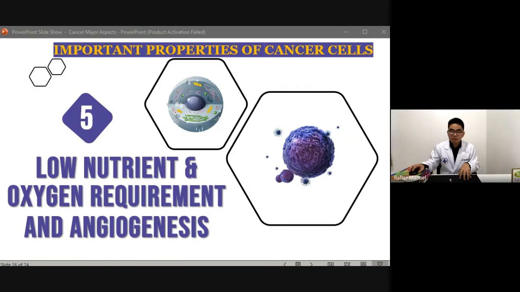But if the cell continuously grows and divides itself and the killing mechanism is faulty, it will result in a cancer cell. Okay, I've been talking about the introductory part and the important properties of cancer cells. Let us now move on and differentiate the two types of tumor.